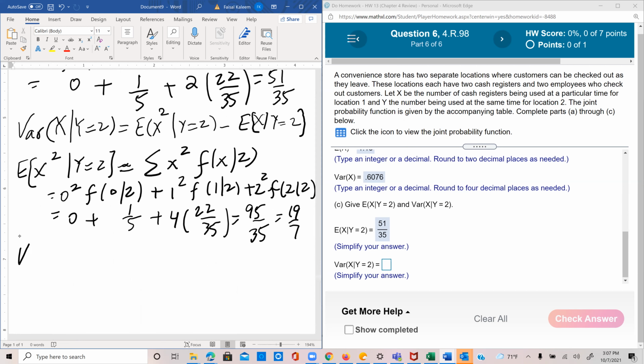Now we are ready to get the variance. The variance of x given y is equal to 2 would be the E of x squared, which was 19 over 7, minus E of x whole square, and everything is given y equals 2. So this was 51 by 35 whole squared.